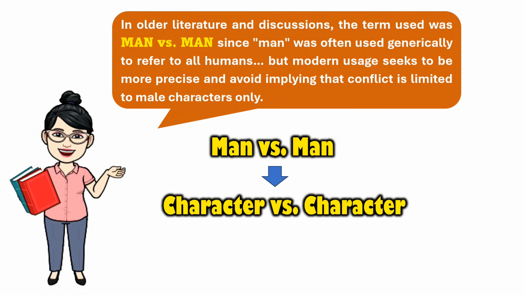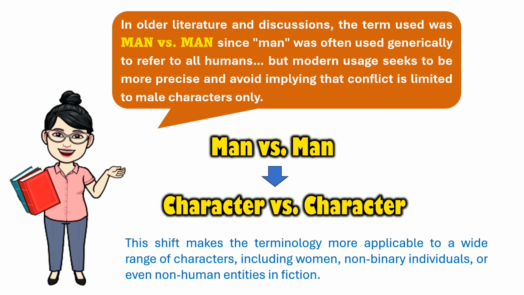Character versus character acknowledges that conflicts in stories can involve individuals of any gender. This shift makes the terminology more applicable to a wide range of characters, including women, non-binary individuals, or even non-human entities in fiction. The broader term character helps reflect the diversity of storytelling today.